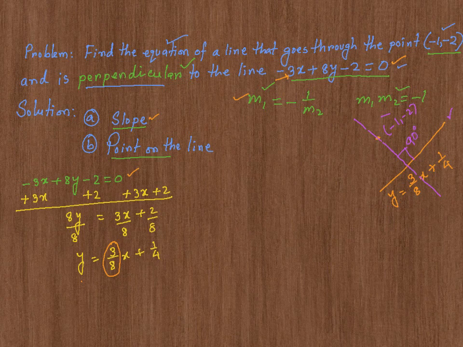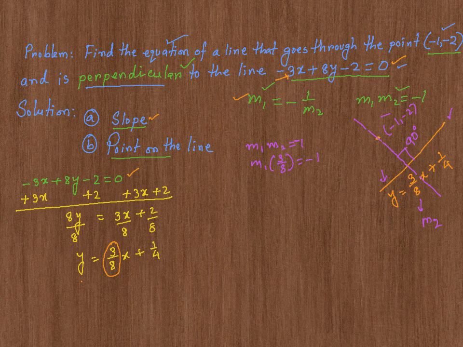Now we know that the slope of this line is 3/8. So let's call this slope m2. Then I'm looking for m1. We know that m1 times m2 is equal to -1, so m1 times 3/8 is equal to -1.